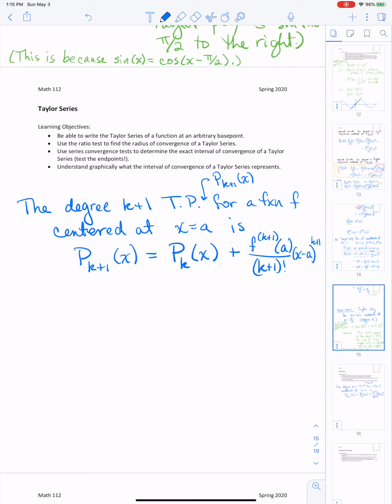So what we're seeing here then is that each Taylor polynomial is successively adding onto the next, right?